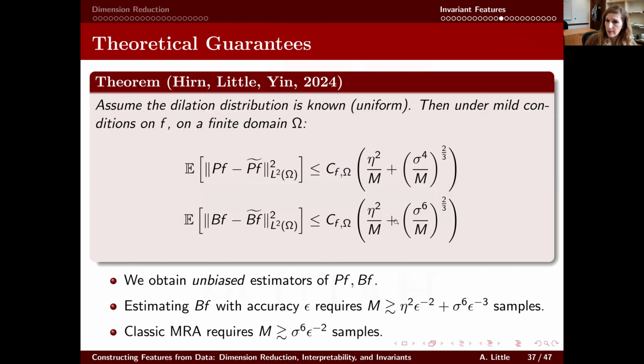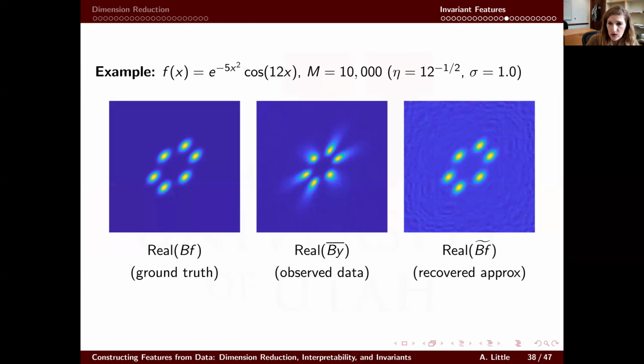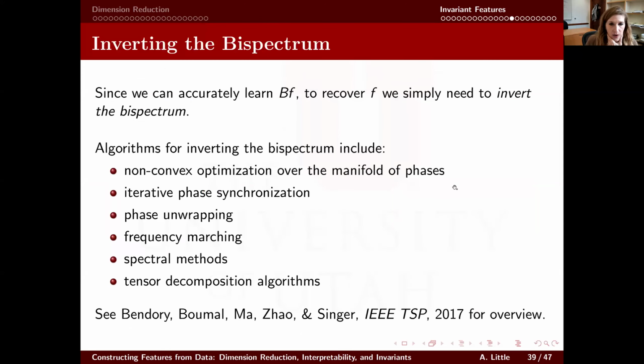These rates you can compare with the classic ones in the literature for classic MRA. Because you can estimate the bispectrum with high accuracy, and the bispectrum uniquely determines the signal, the story seems simple: now all you have to do is invert the bispectrum. This is just a little picture illustrating the unbiasing procedure, but I'm going to skip over that. You have many algorithms for inverting the bispectrum.